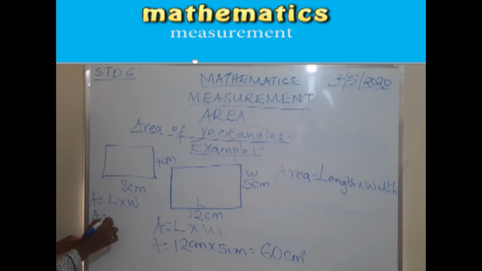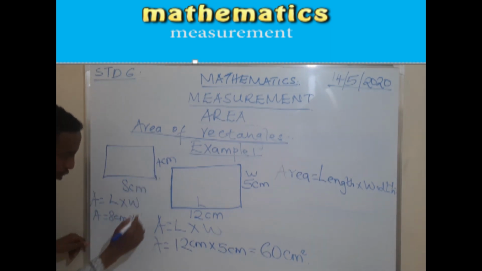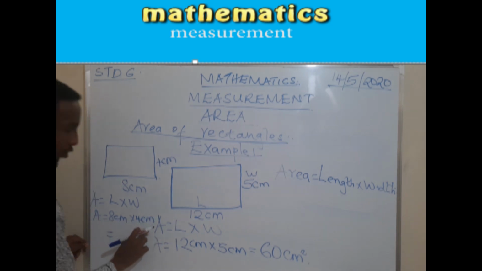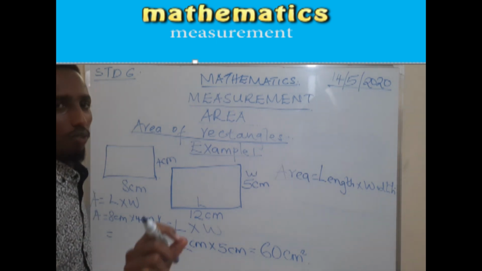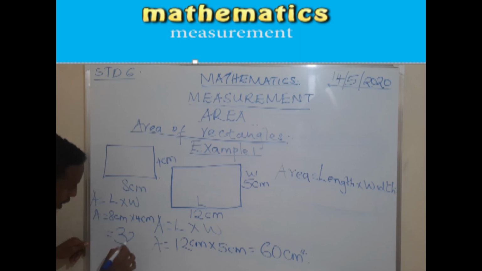Our area is equals to, the length is 8 centimeters times 4 centimeters, which is the width. 8 times 4 is 32. Remember, we said area is given in square centimeters. Therefore, we say the answer is 32 square centimeters.